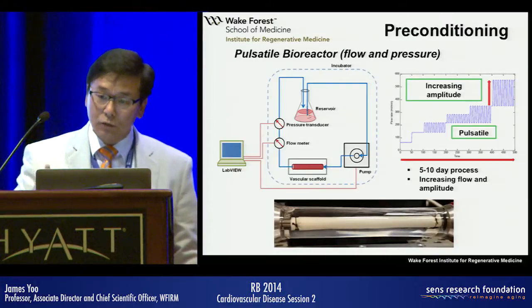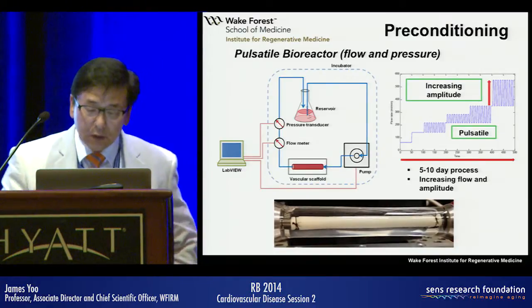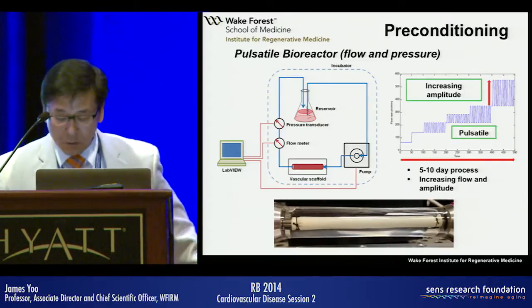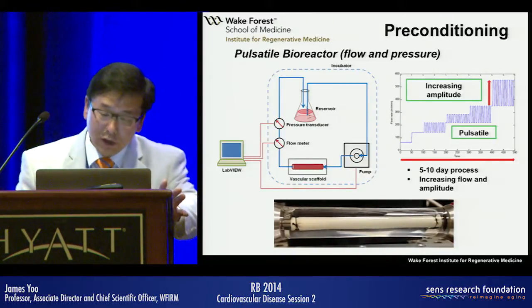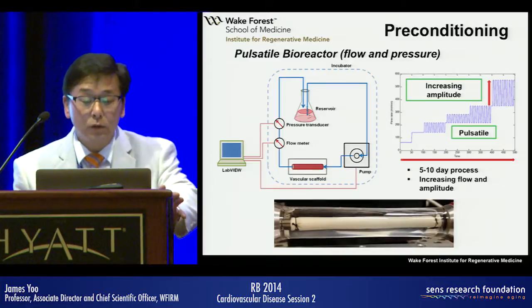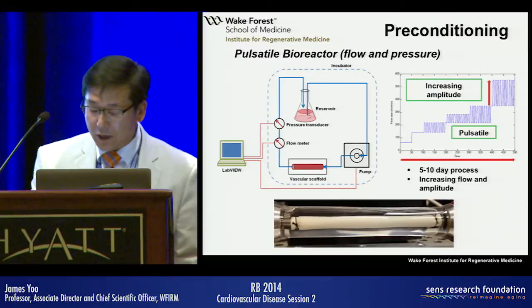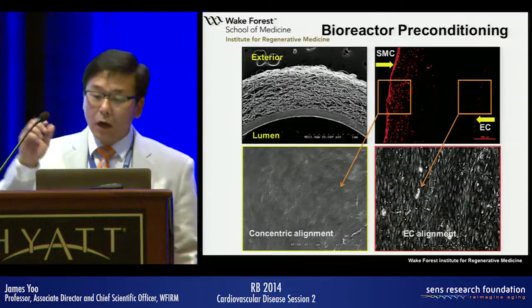As we do that, the cells further mature and become a more tissue-like structure. We do that for about 5 to 10 days, train them, and then implant that in vivo.